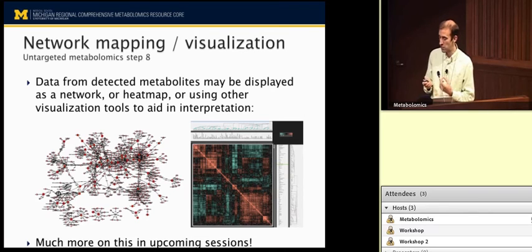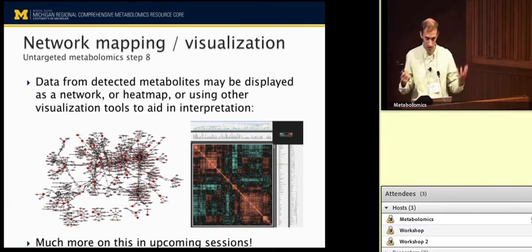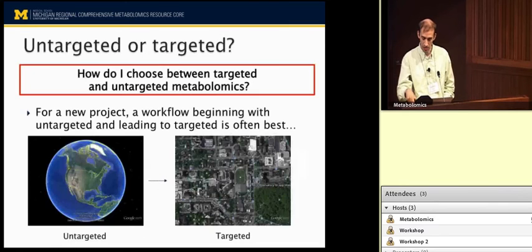And so visualizing alterations as they are associated with these pathways, and also looking for changes in profiles in a heat map or other means of visualizing your data can be very useful in getting a handle on this very complex data. Okay, so those are the workflows that we're going to use for untargeted. There's going to be a lot more information on all of that in upcoming sessions.